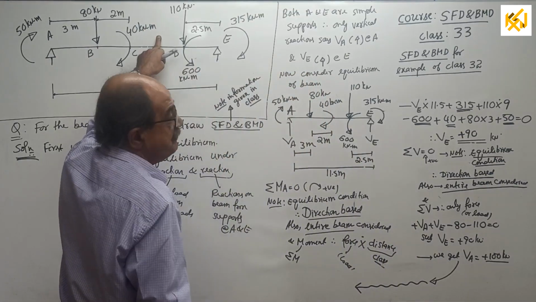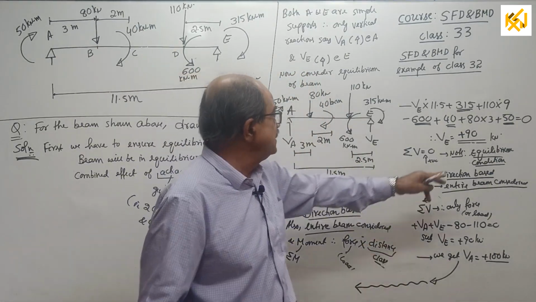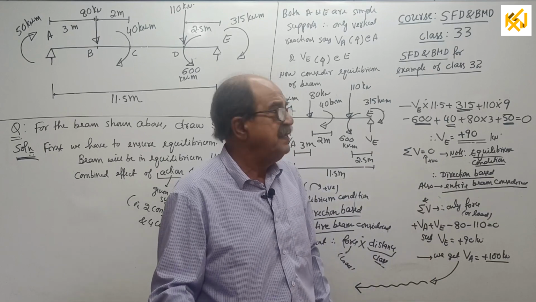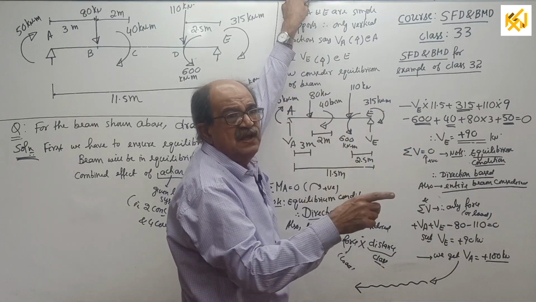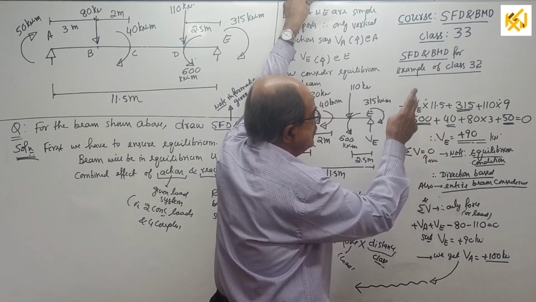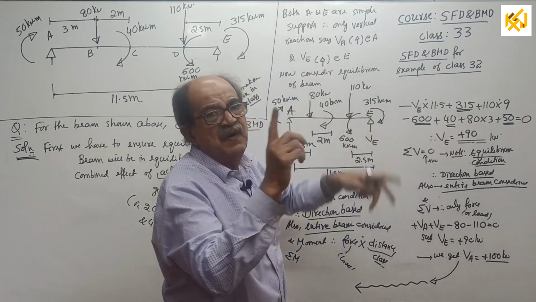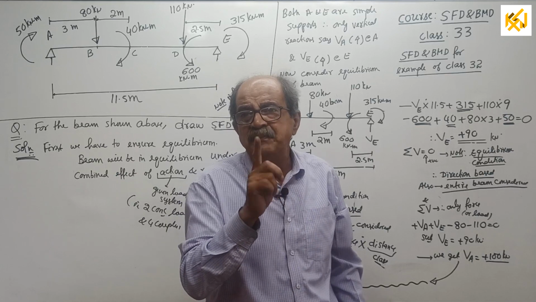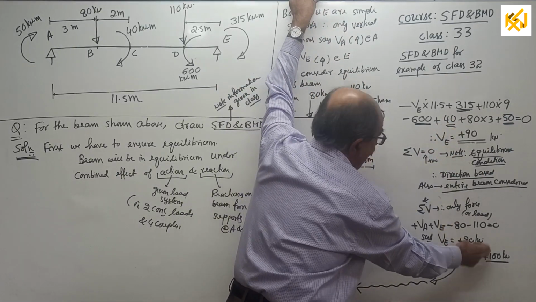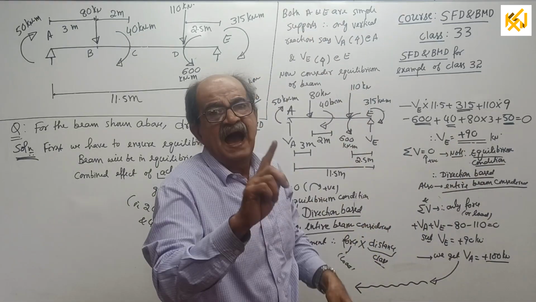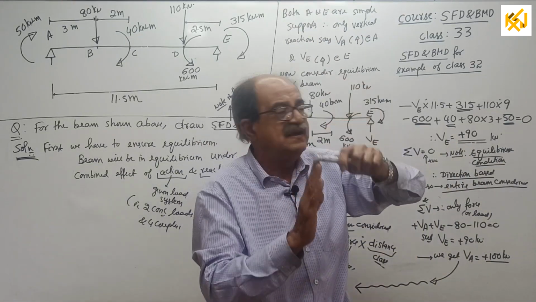Action given here. Reaction just now we calculated, and we got the reaction based on sign convention, that is equilibrium conditions. So, the sign convention used has no effect on the answer. The positive sign we got indicates that the direction assumed is correct.